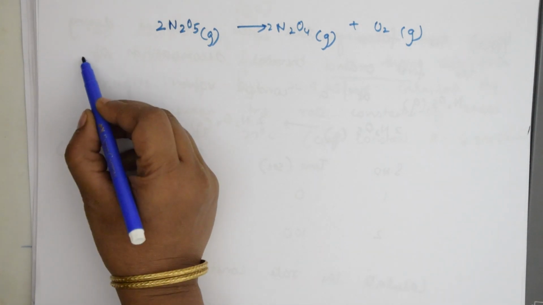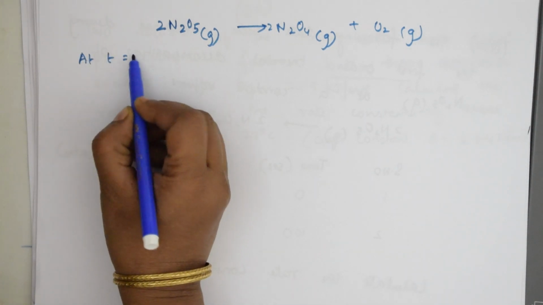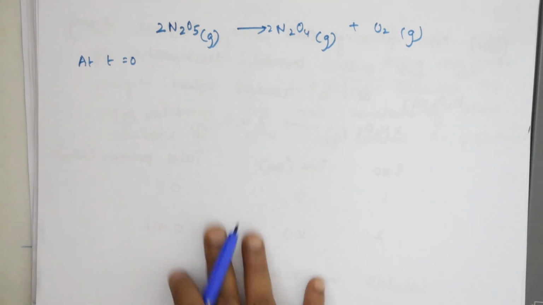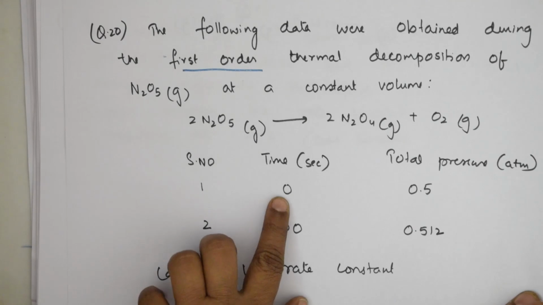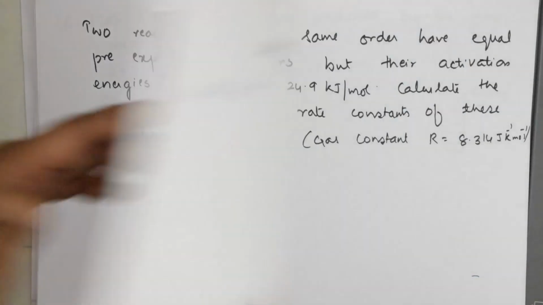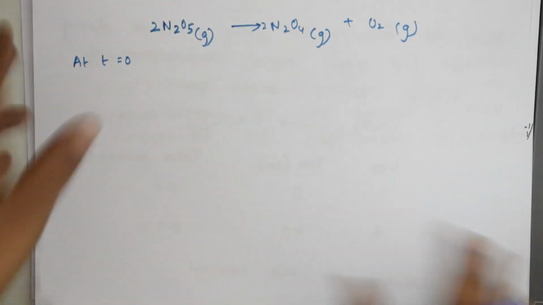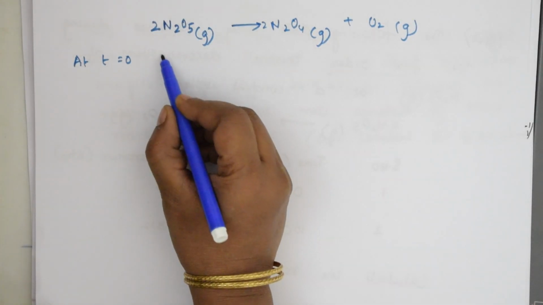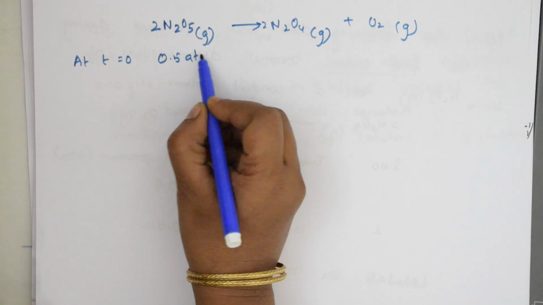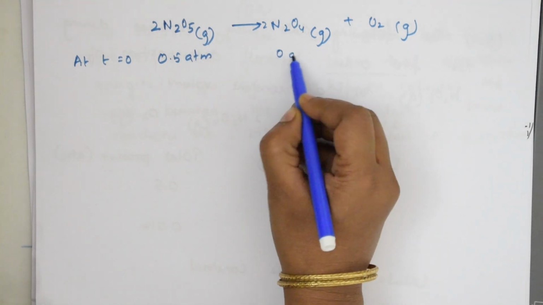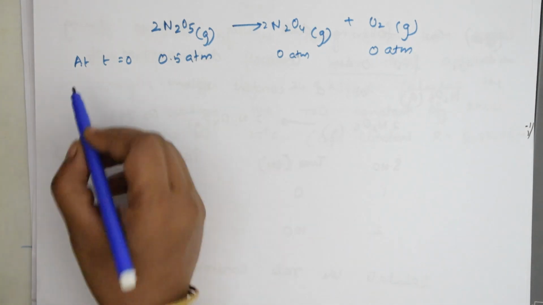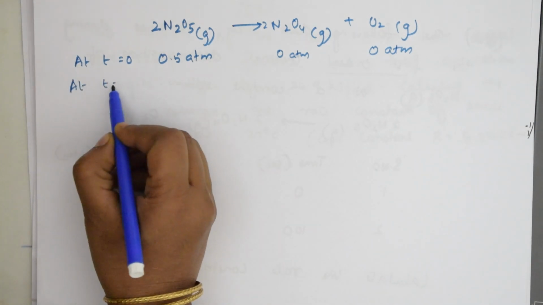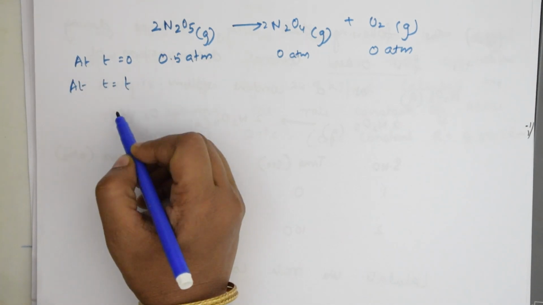So at T equal to 0, they've given me 0.5 atmospheres, and at T equal to 100, 0.512 atmospheres. Let us write. At T equal to 0, the pressure is 0.5 atmospheres. Then it was 0 atmosphere here, and this is also 0 atmosphere here. Now the time has started increasing, at time T.